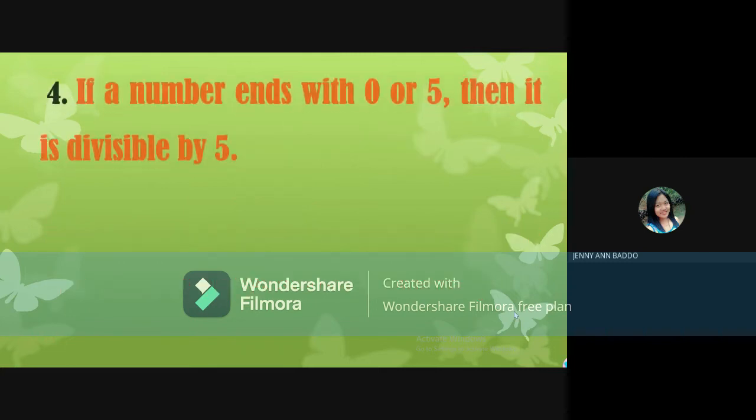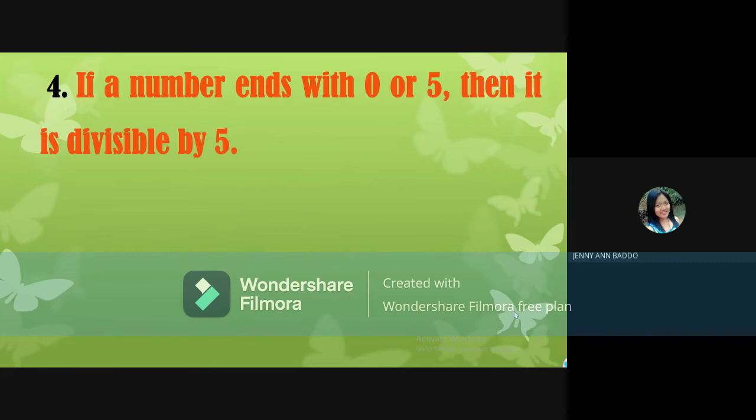Another example, if a number ends with 0 or 5, then it is divisible by 5. This statement is true. A number is divisible by 5 if it ends in either 0 or 5. Last example. If it is a function, then it is a relation.